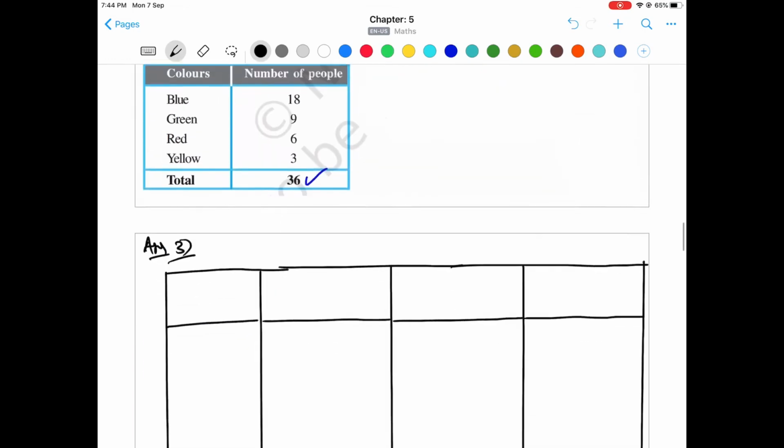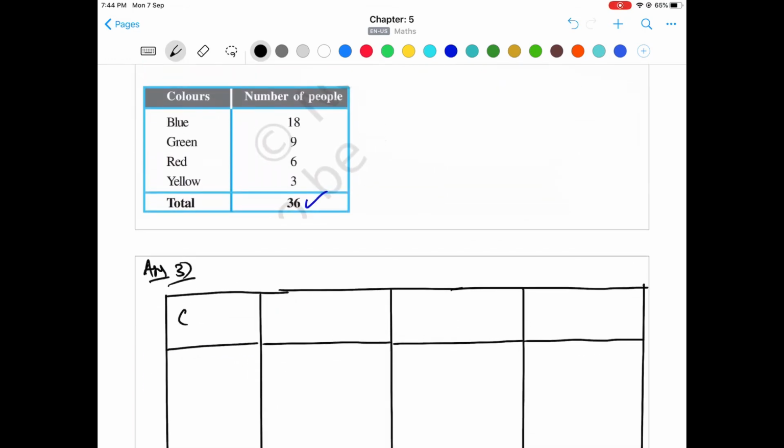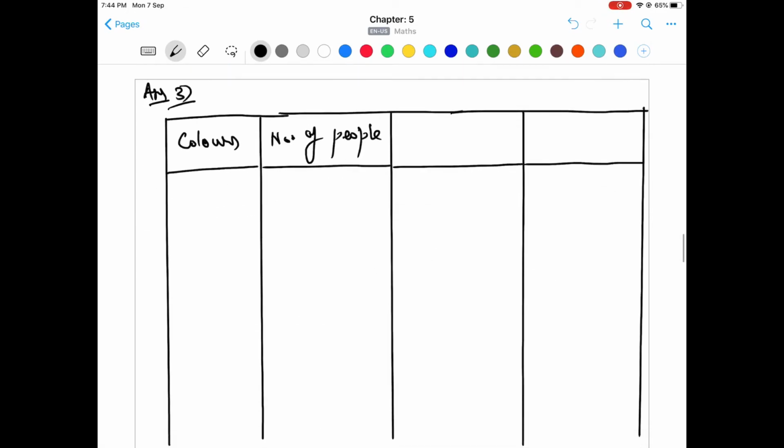In the first column we'll write the color, and in the second, the number of people. Here we'll write colors, and here number of people, and the next two are fixed, that is here we'll write fraction and central angle.